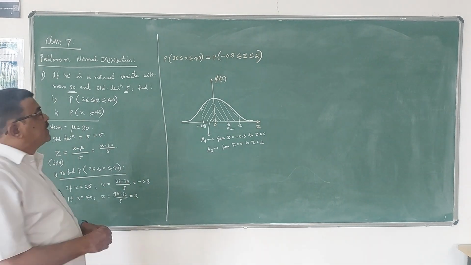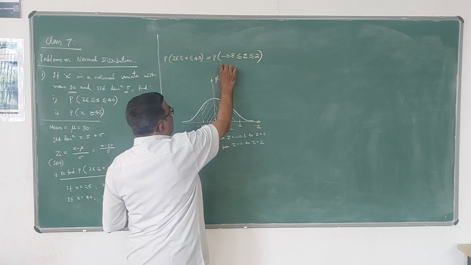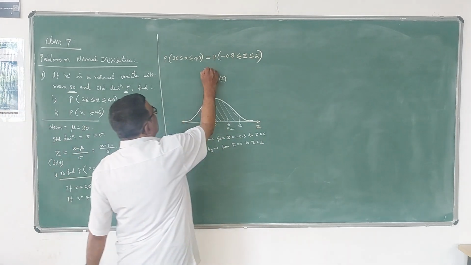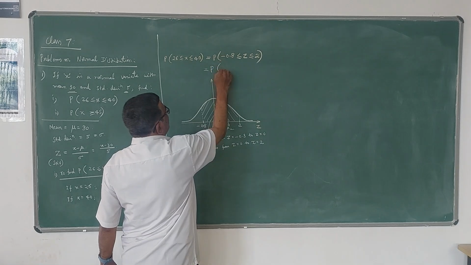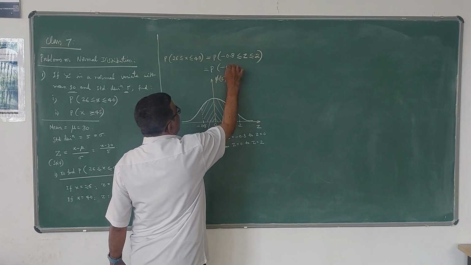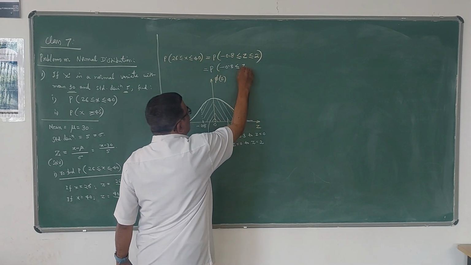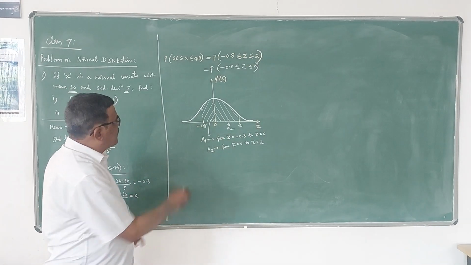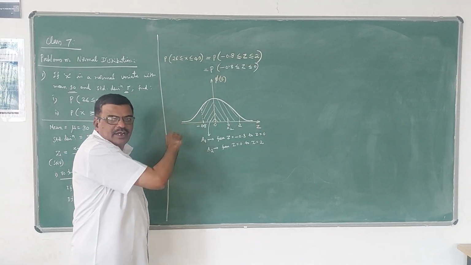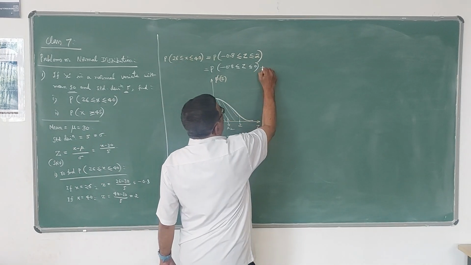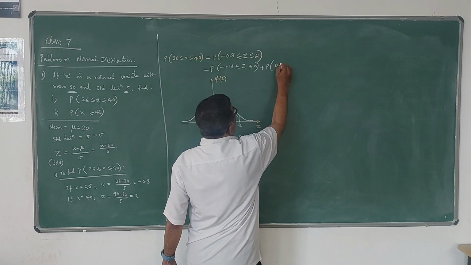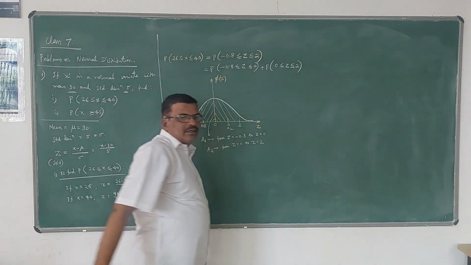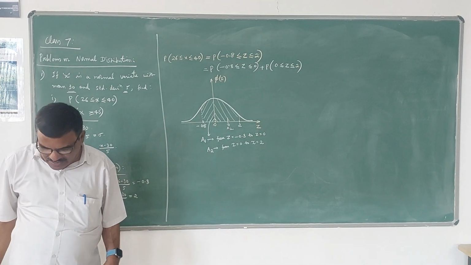That means this probability can be split into two probabilities: the probability of minus 0.8 less than or equal to z less than or equal to 0, the left side part, plus P of 0 less than or equal to z less than or equal to 2, the right side part.